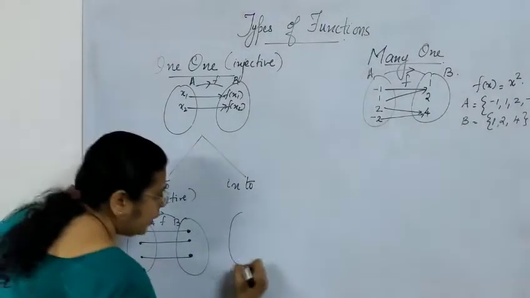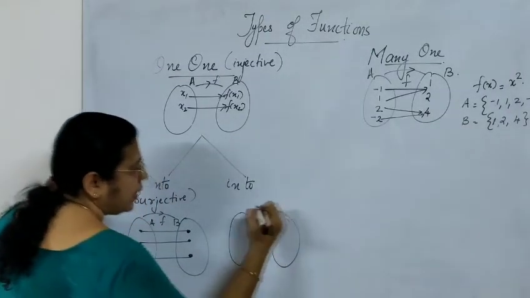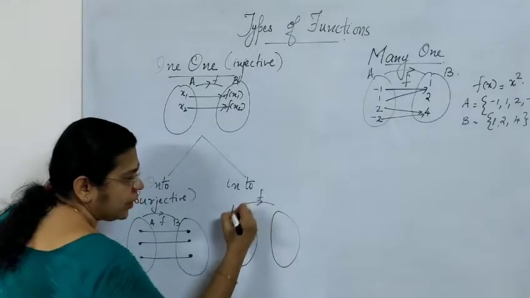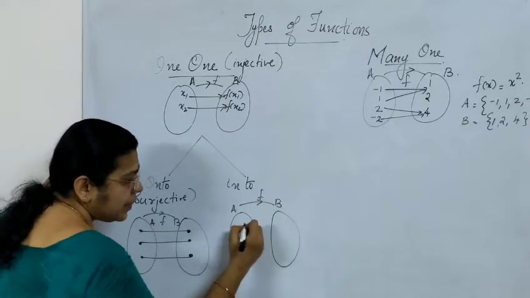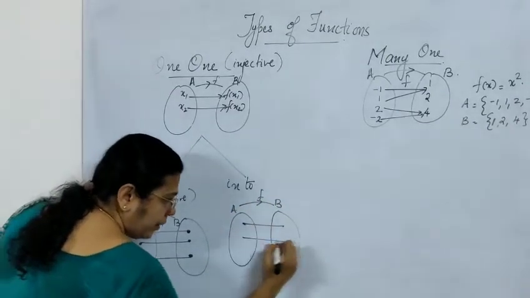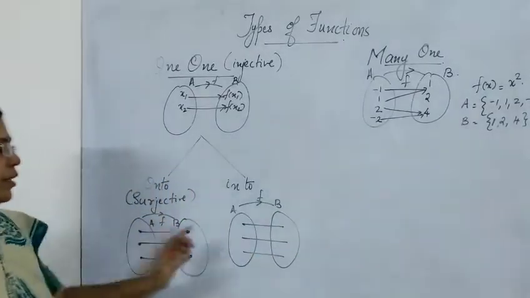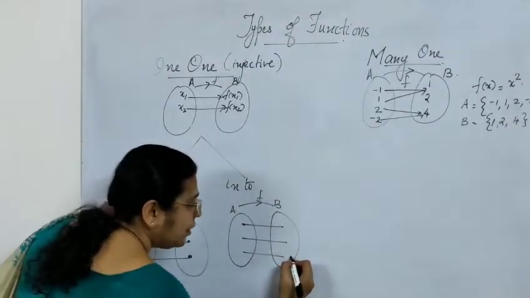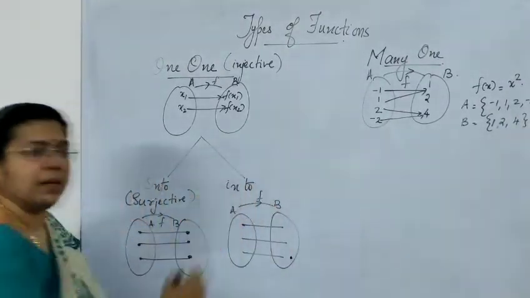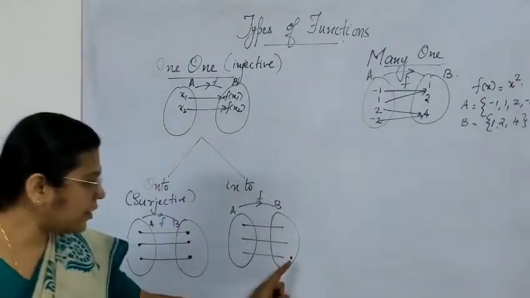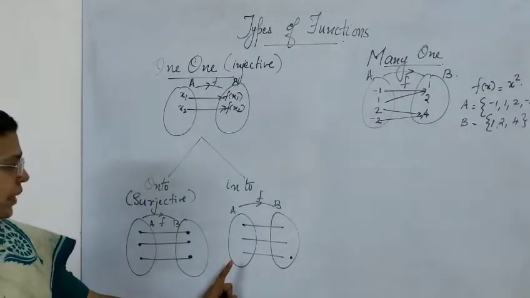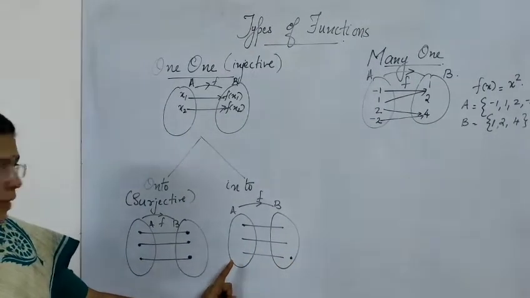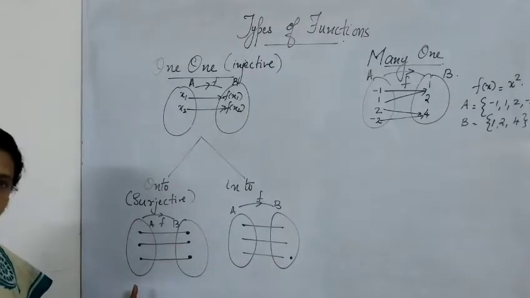Now, coming to into functions. Again, if f is a function from A to B, and here every element of B is having a mapping, but still there is an extra element here which doesn't have a pre-image in A. Right? Here every element had a pre-image.